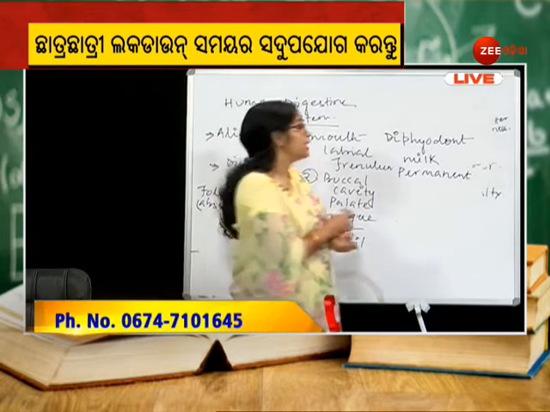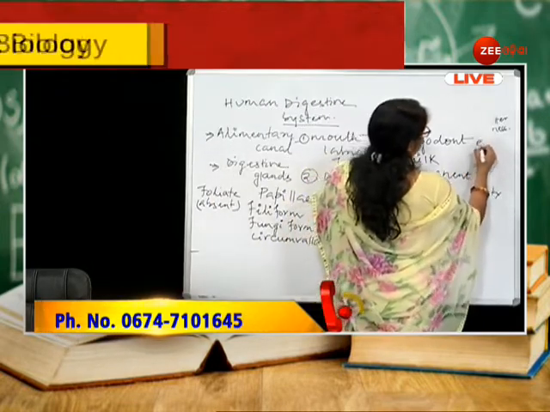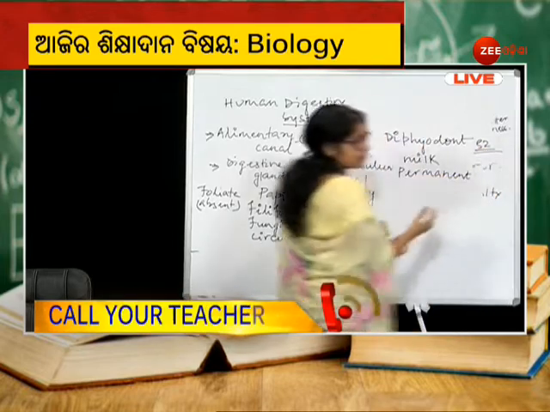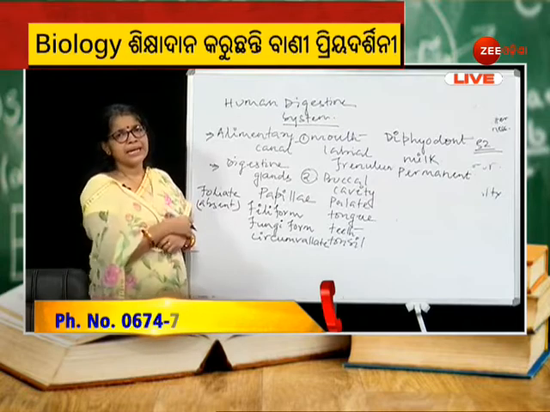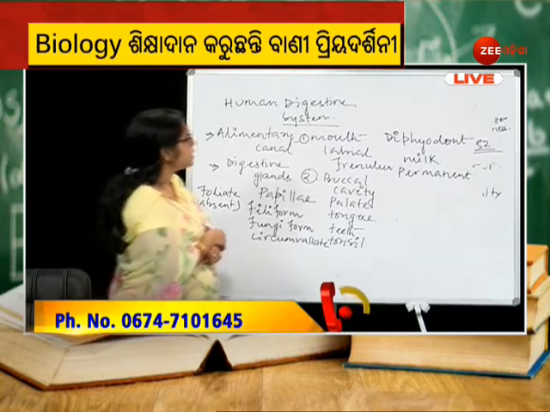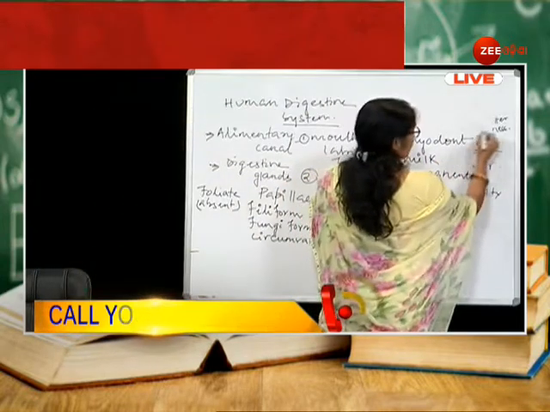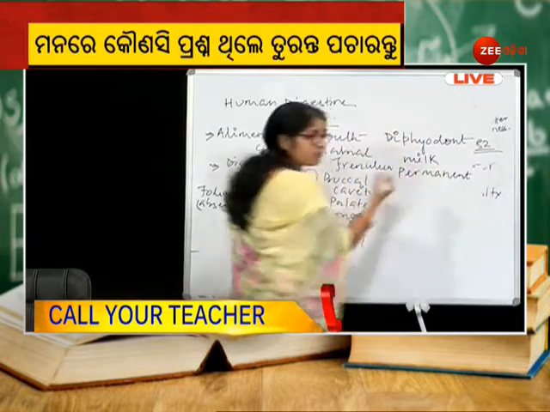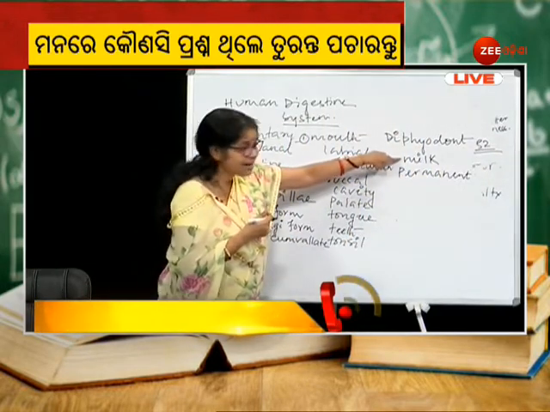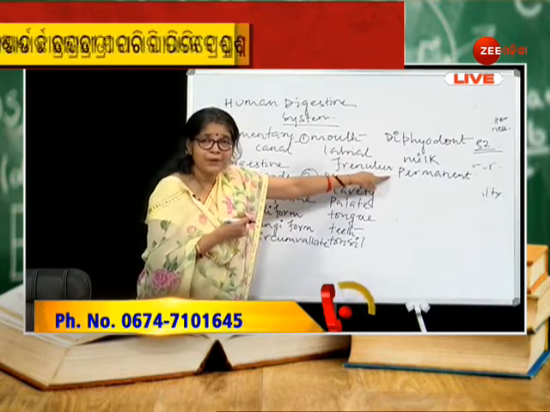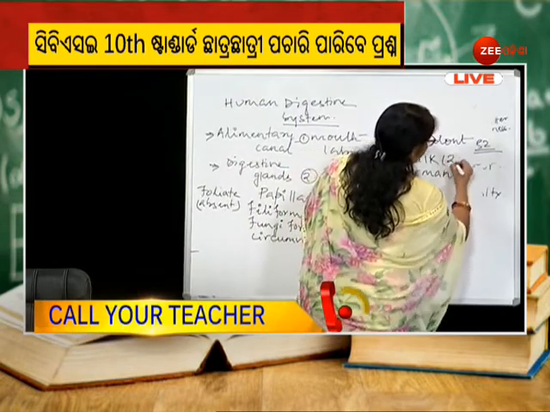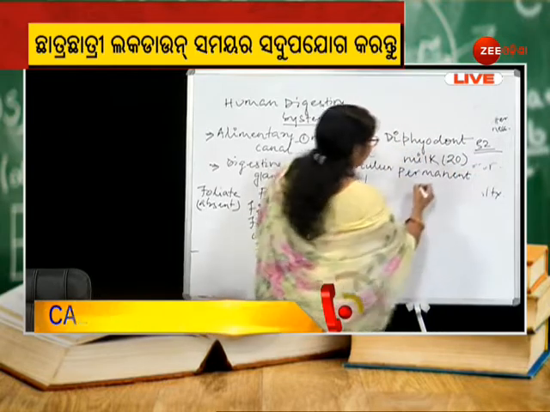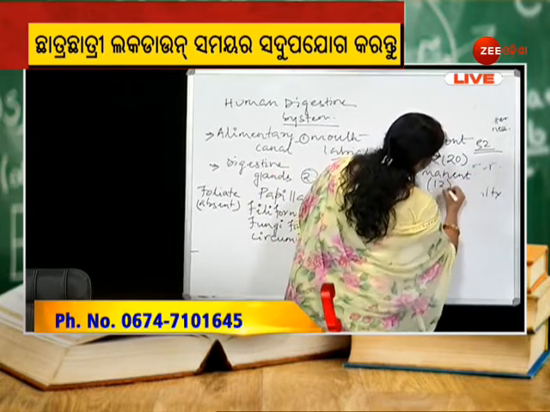The adult has approximately 32 teeth, which grow at the age of approximately 18 to 25 years. Out of 32, 20 are milk teeth and 12 are permanent teeth.